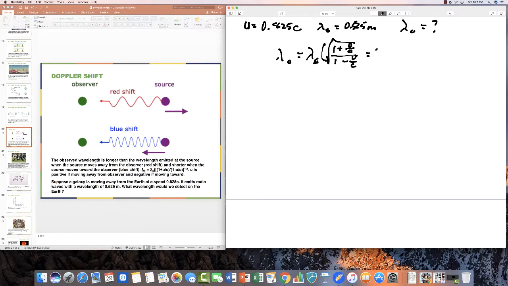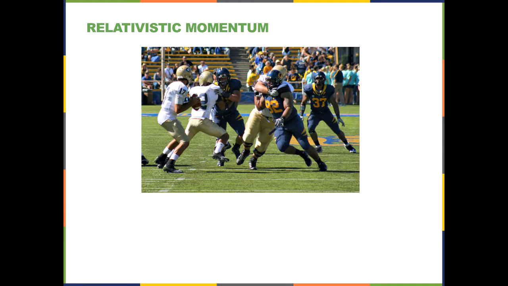So that's 0.2525 times the square root of 1 plus 0.825, we'll just take the c's out, okay? Over 1 minus 0.825. And if you do that, you get 1.7 meters is the observed wavelength.